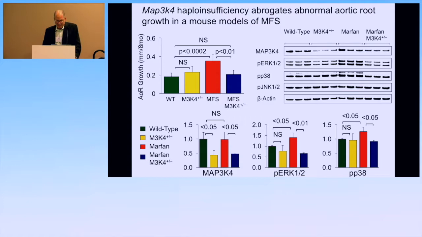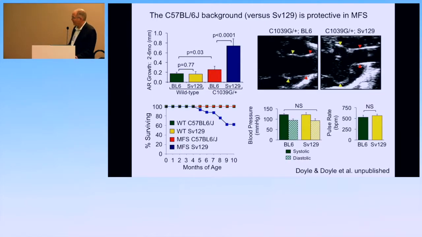Around the same time, we recognized very dramatic mouse modification. We learned if we put our Marfan mutation in a mouse strain that's called the Black 6 strain, the aneurysms dramatically disappeared, whereas if we put the same mutation on a different mouse strain called the 129 strain, the aneurysm was greatly exaggerated. So here's an echocardiogram of a Marfan mouse on the protected Black 6 strain. And you can see this rather normal appearing aortic root in relationship to the sinotubular junction in the more distal ascending aorta.